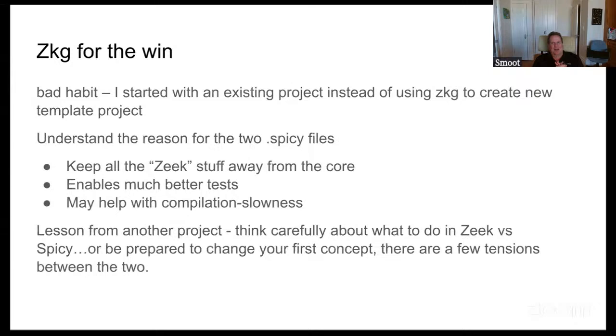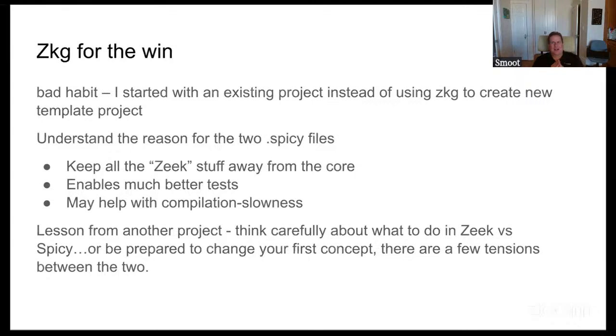It may have run faster, I don't know, but it compiled way slower, and that was a big drag on the project, even in debug mode. That's been improved by the Spicy team, but it was part of the reason to move that stuff into Zeek. And it may not have ended up much slower because a lot of that stuff was optional. So that was one pattern to watch out for.